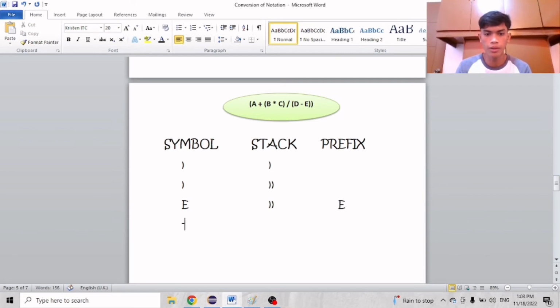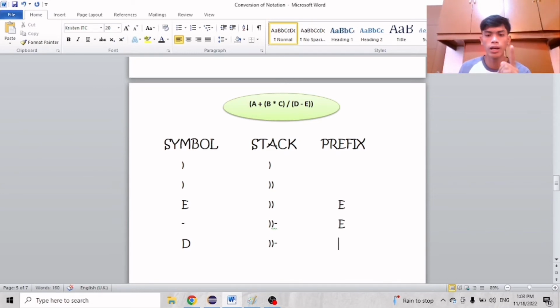Then the minus sign. Then the letter D, which is an operand. What we do is since E came first, it should go ahead. So DE, like that, simple as that.